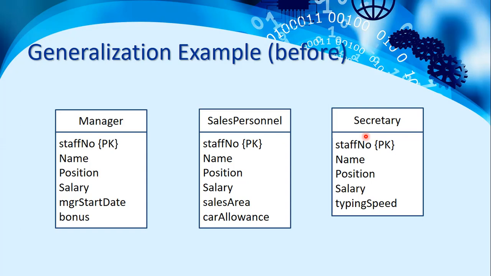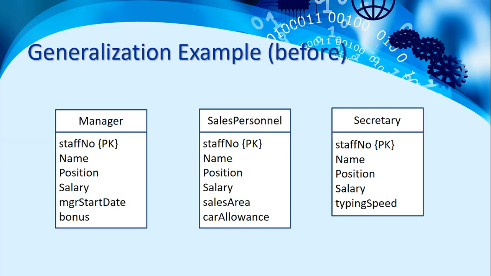And as you notice, these three entities have common attributes, which are obviously the staff number, name, position, and salary. So if we apply the process of generalization on these entities, we attempt to identify similarities between them.